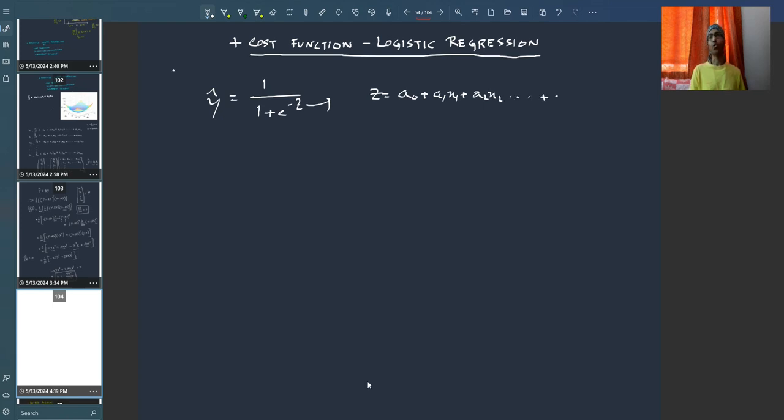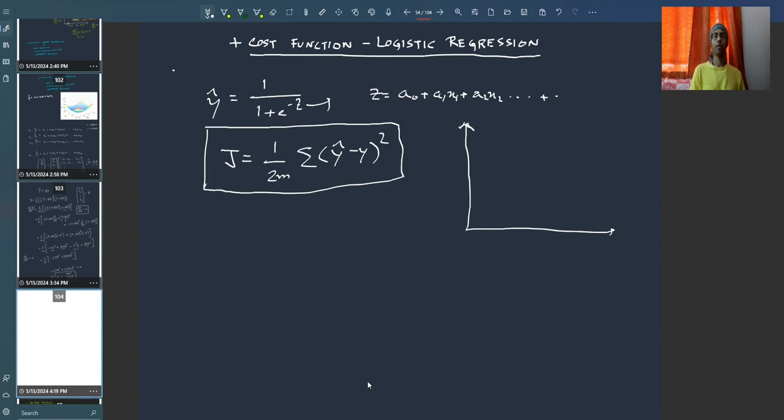Can we use our linear regression cost function to do gradient descent here, or to minimize the cost function here? The linear regression cost function looks like this: 1 by 2m sum of squared errors. We could use this equation, but the problem is that gradient descent becomes troublesome.